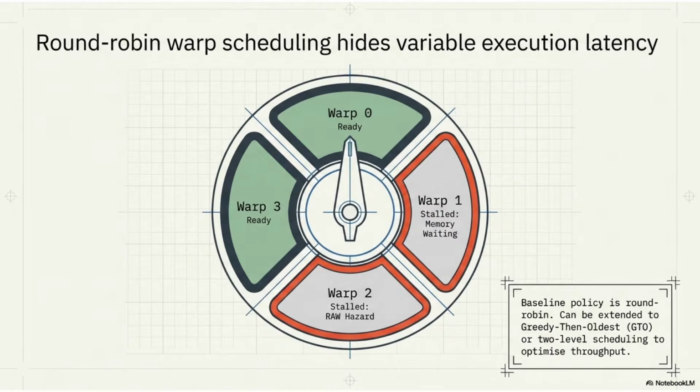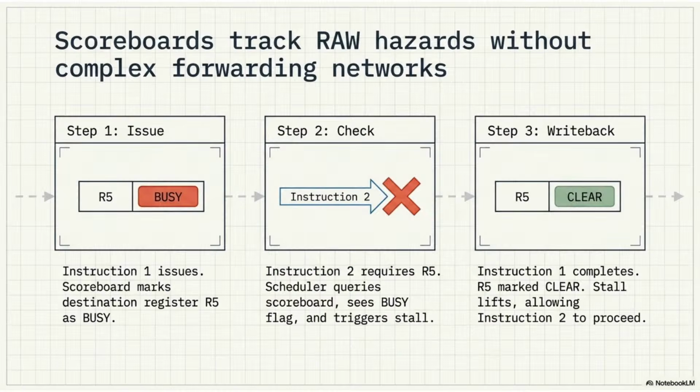So there is a latency, because it has to wait for a memory instruction to complete. But the next instruction comes in, and because warp 0 is ready, its data is available, the scheduler can send that instruction to warp 0, and warp 0 calculates its result. In terms of unit time, the throughput is a lot more because quite a lot of cores or threads are working in parallel to compute those results.